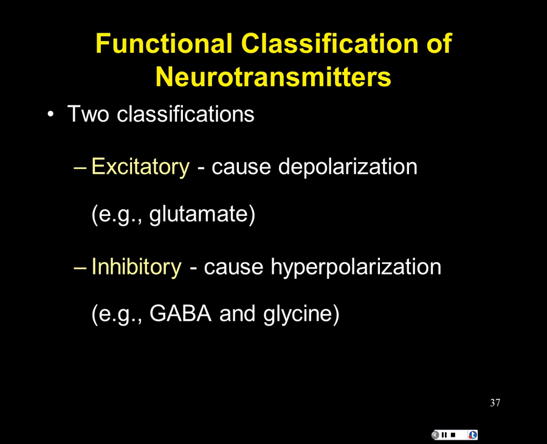And so of all the neurotransmitters that we're going to study, we can functionally classify them as either excitatory, causing what? Depolarization, or we can say our neurotransmitters are inhibitory, always causing hyperpolarization.